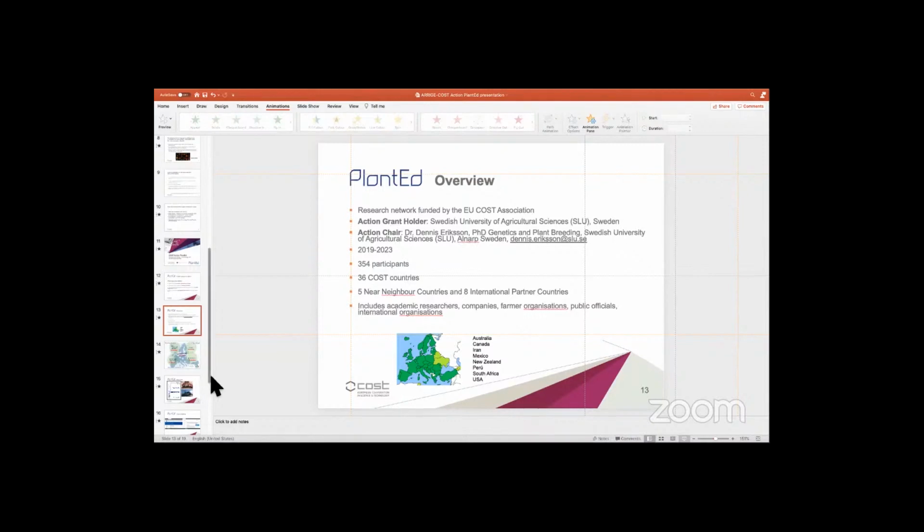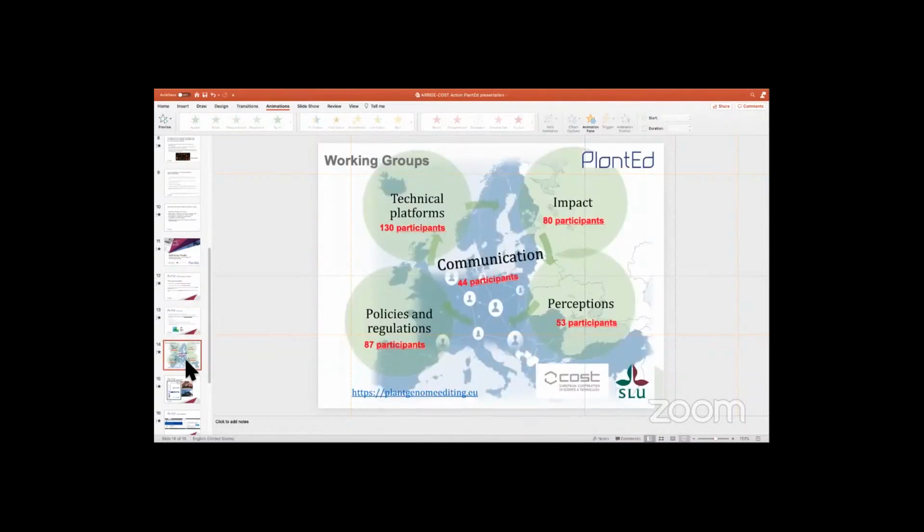And it includes various stakeholder groups. The action has 5 working groups. Working group 1, technical platforms, is the one where I am the vice chair. There's also impact, policies and regulations, perceptions, and an overall spanning communication working group.